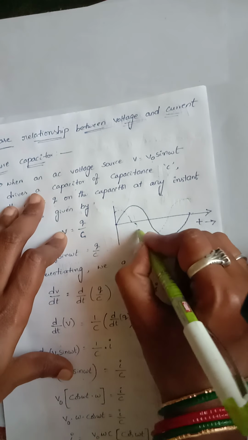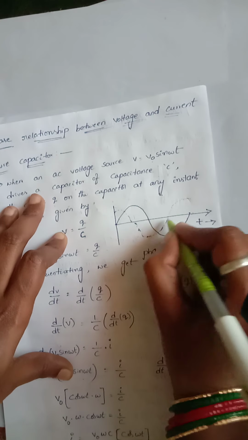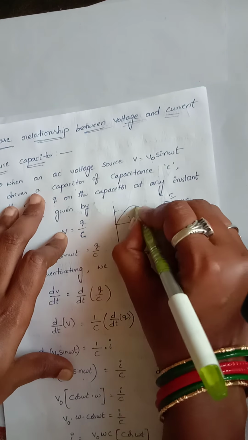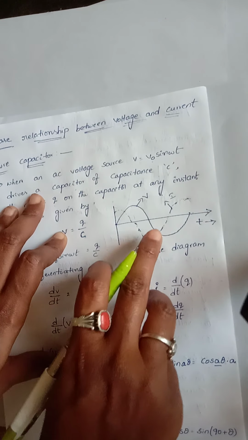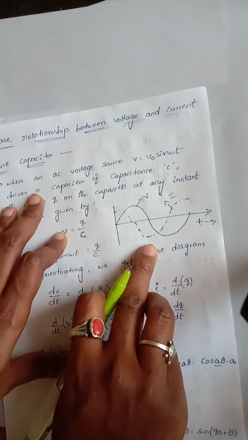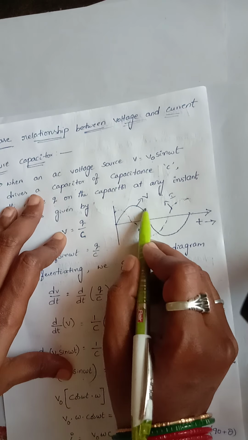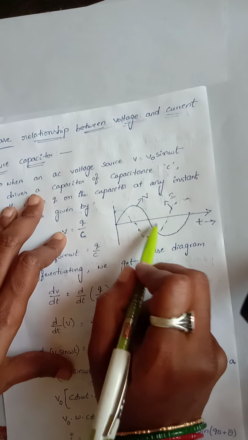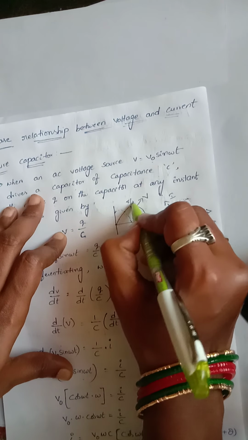This is the current, and this is the voltage. Here we observe that the current leads the source voltage, or the voltage lags the current by 90 degrees.